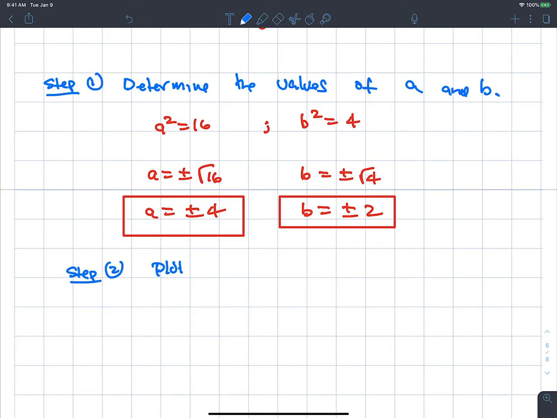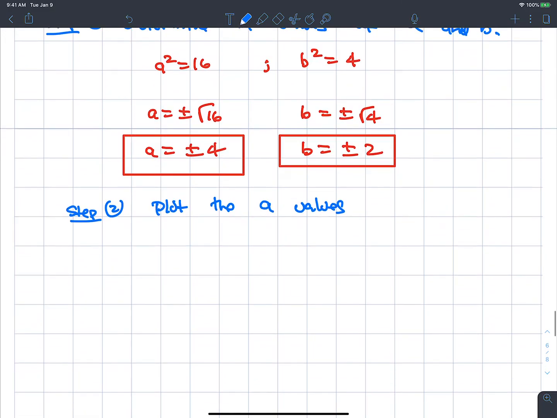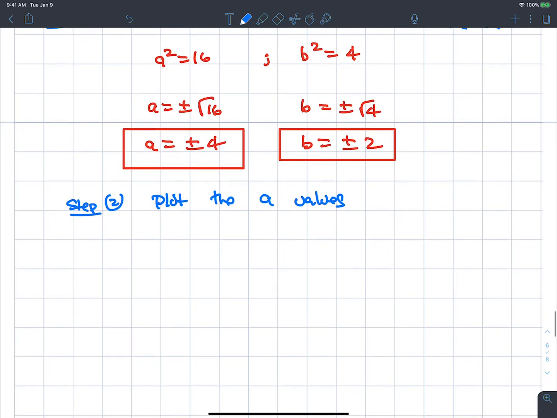You're going to plot the a values along the semi-major axis. You go, semi-major axis, oh my God. Okay, really just the x-axis here. All right? So plot them along the x-axis.